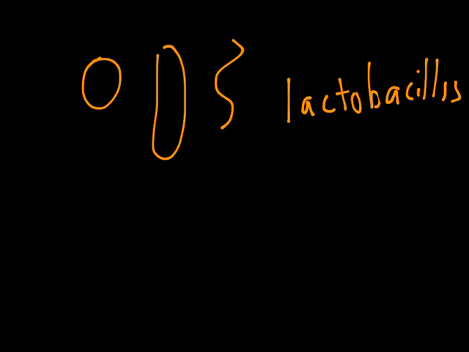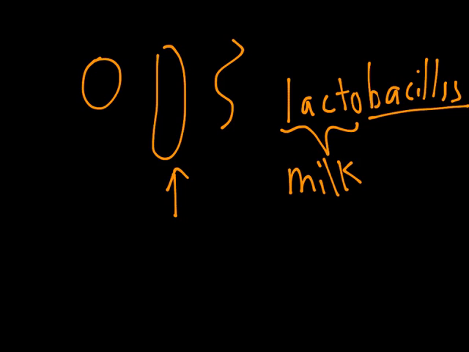Lactobacillus. It has this shape, bacillus, and lactose is milk. So this would be milk bacteria, and you know that it's going to look like this. Your lactobacillus in your yogurt is going to be shaped like a long hot dog.